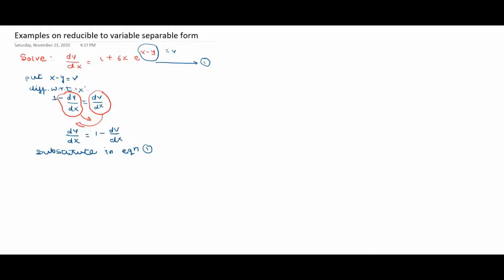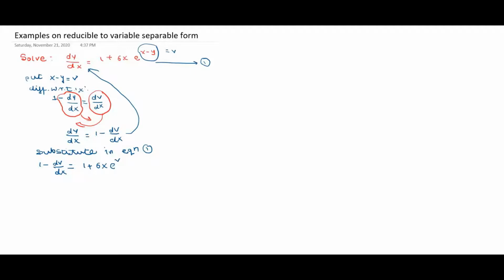You will get 1 minus dv divided by dx is equal to, right hand side, 1 plus 6x into e raised to v, because x minus y is equal to v.